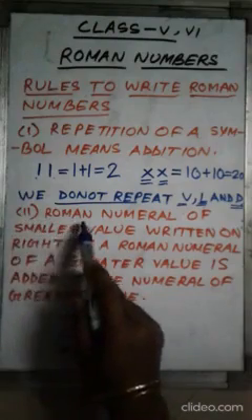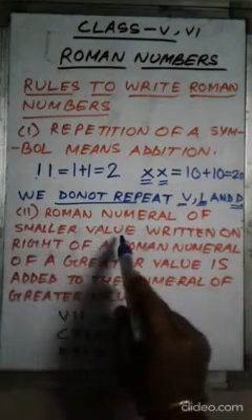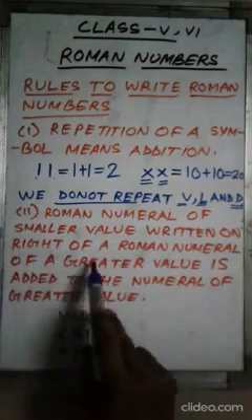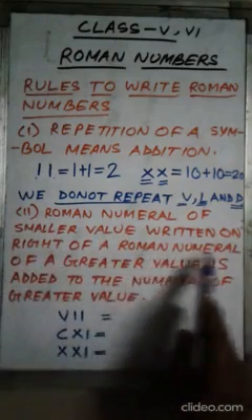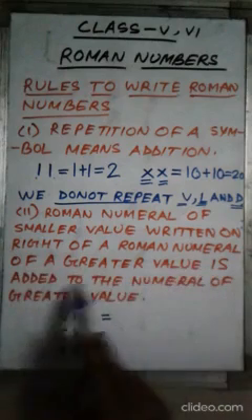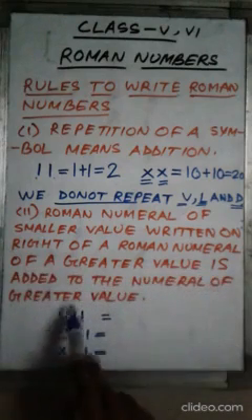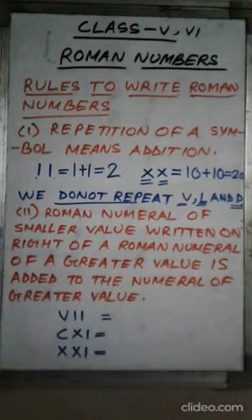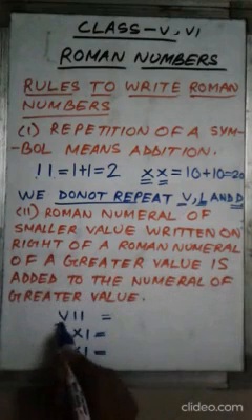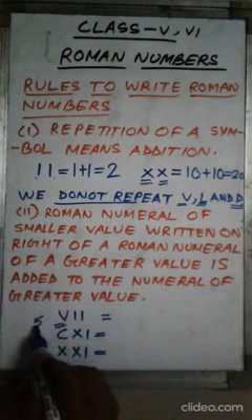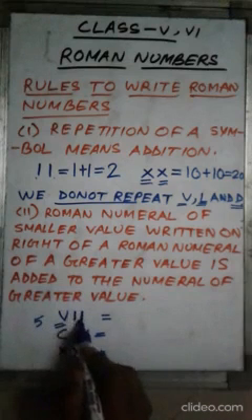Rule number 2, a Roman numeral of smaller value written on the right of the Roman numeral of a greater value is added to the numeral of greater value. So here you can see this is having value 5, this is 1 and this is 1.